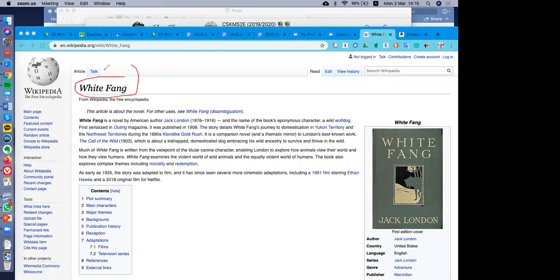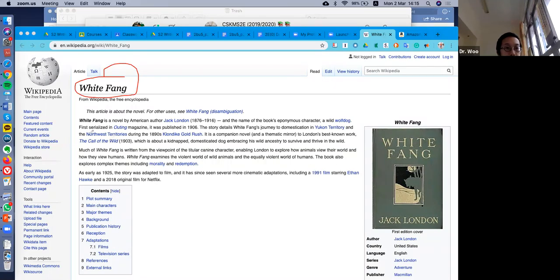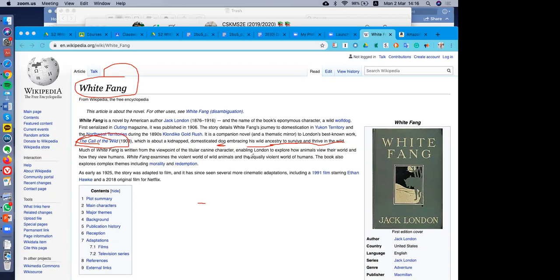He is most famous for The Call of the Wild, which is about a dog becoming more like a wolf in the wild. So these are really cool books that are worth reading. I think I might have read The Call of the Wild, but I forgot what's in it.